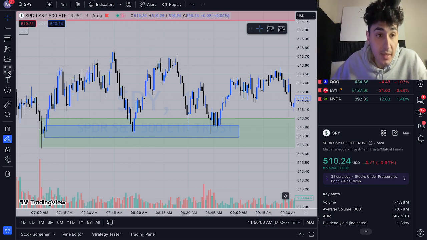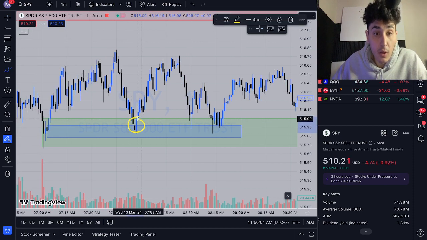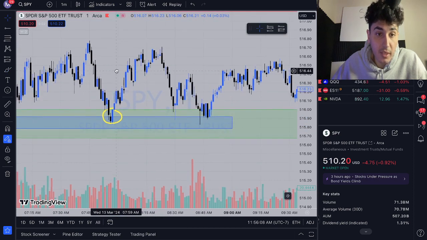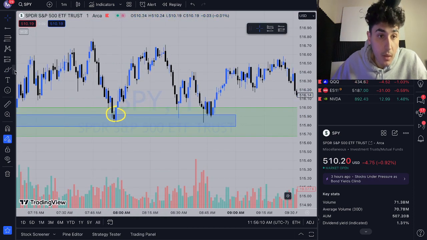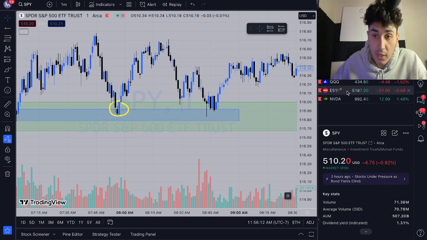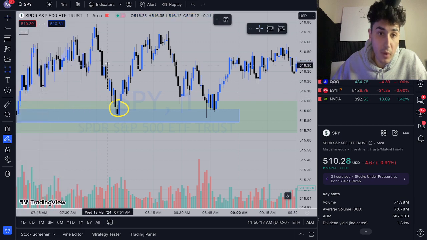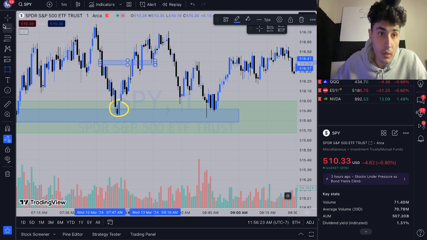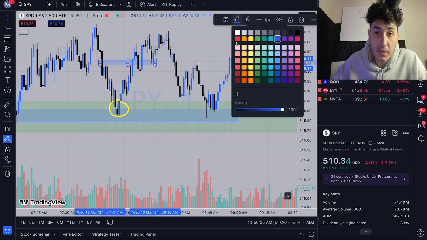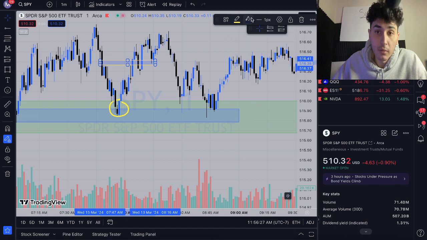So let's say that we enter right here, where I would put my targets. I would look for high potential reversal areas. I can see we have a slight fair value gap on the 1 minute here. So at this fair value gap right here, I'll make it yellow.